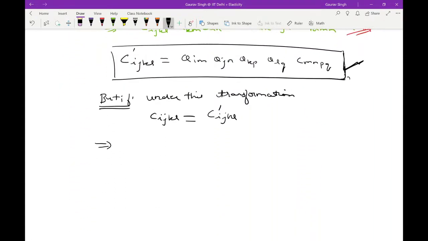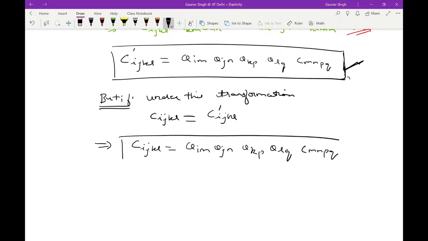This would mean that Cijkl is equal to Qim Qjn Qkp Qlq Cmnpq. So this is under this specific transformation only, not for a general transformation.